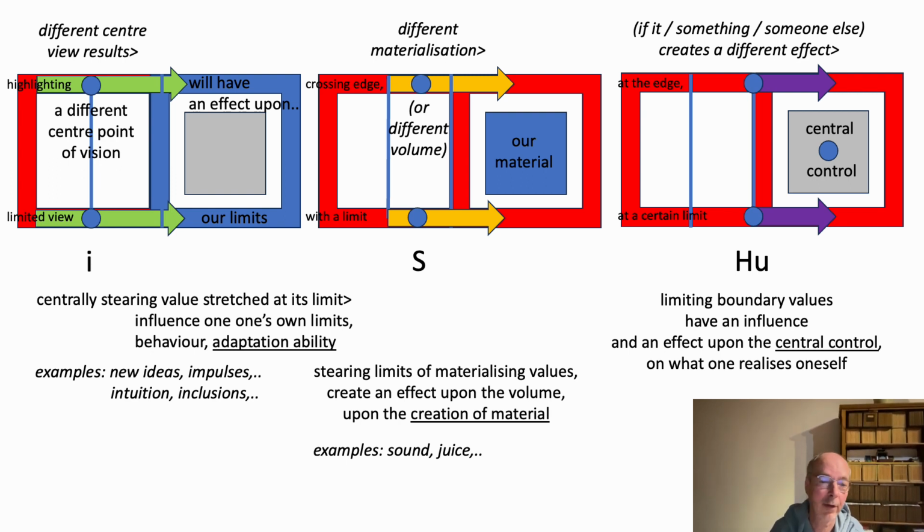The S is more the effect of everything which is forming and is still unknown, which also has an effect on what we are forming, what we are creating. And the H is the outer effect, the outer limits of anything that we can imagine as an effect on our central control about everything we realize ourselves immediately.